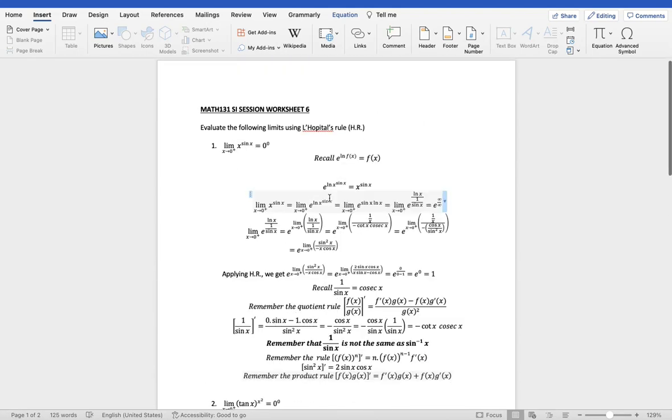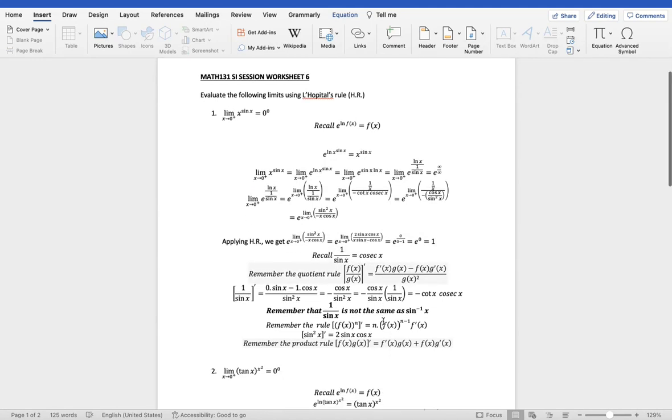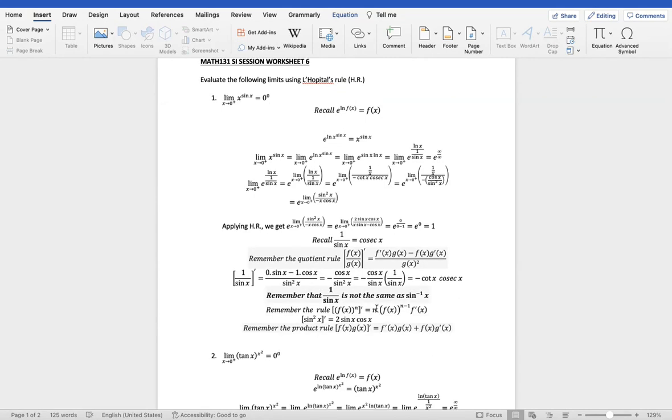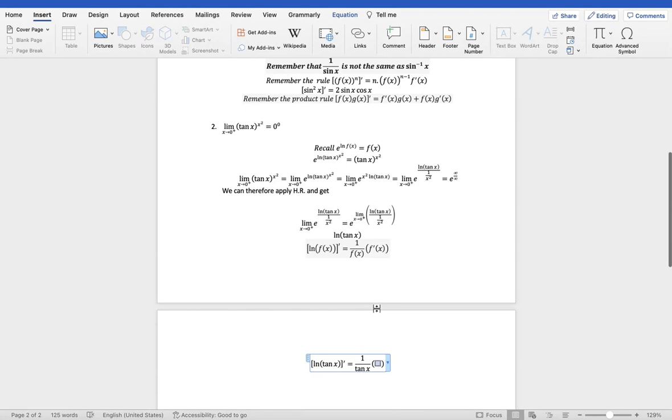We didn't do a derivative of tan before, but the derivative of tan is cos x squared, right? You can find that out by applying the quotient rule.